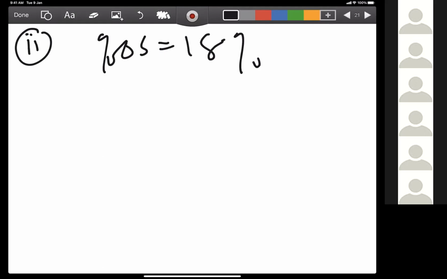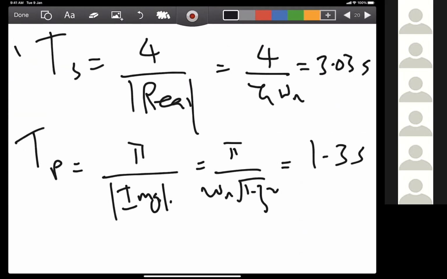Yes, we will take from the settling time. We find the real part.